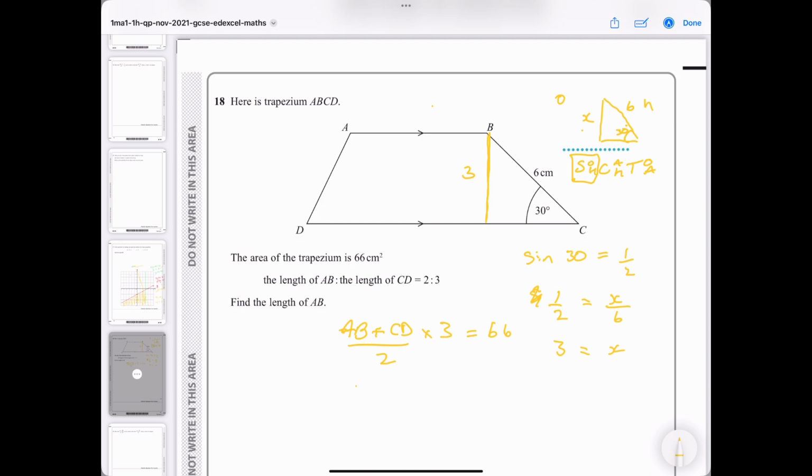And so let's divide by 3. So AB plus CD over 2 equals 22. And let's times it by 2. So that means AB plus CD equals 44.